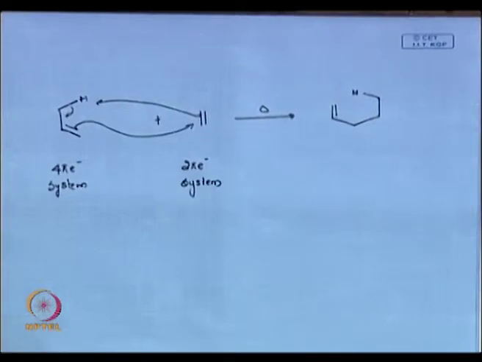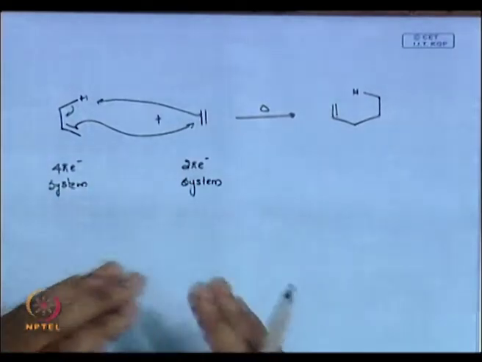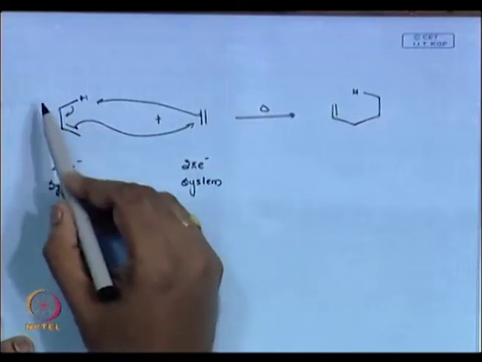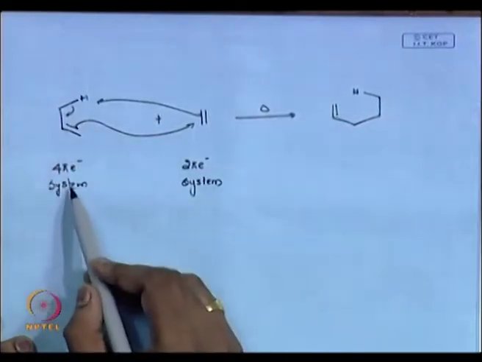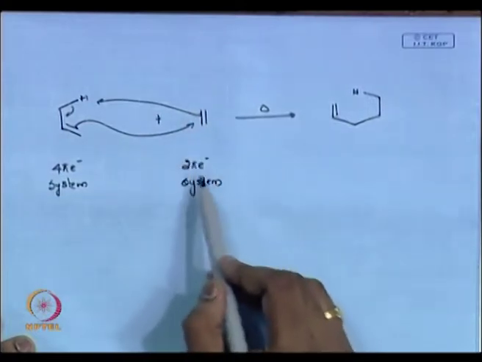So, what it essentially means is, can I call this a 4 pi electron system and a 2 pi electron system, and relate it with the Diels-Alder reaction? Because in the Diels-Alder reaction you have a diene, which is a 4 pi electron system, and you have a dienophile, which is a 2 pi electron system.